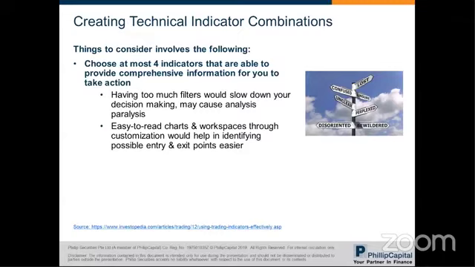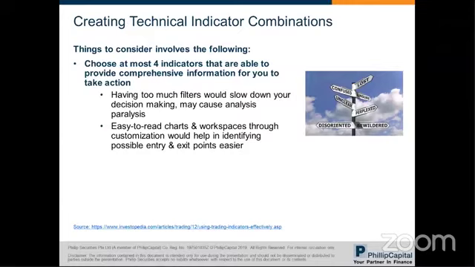If you have so many overlays, for example adding Bollinger Bands, moving averages, or even Ichimoku clouds, all these indicators will take more time for your brain to process. In day trading especially, time is of the essence, so you wouldn't want all these filters to paralyze your decision making.